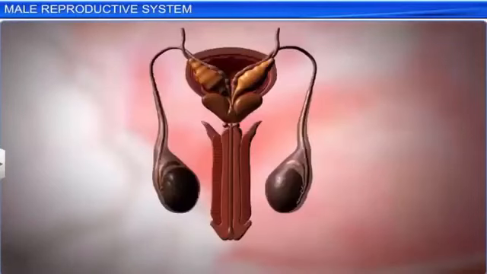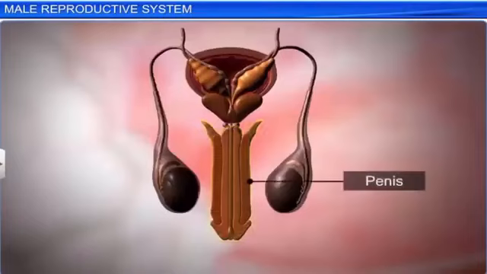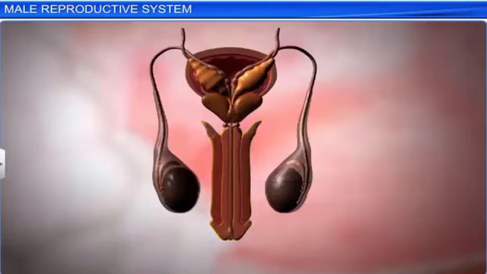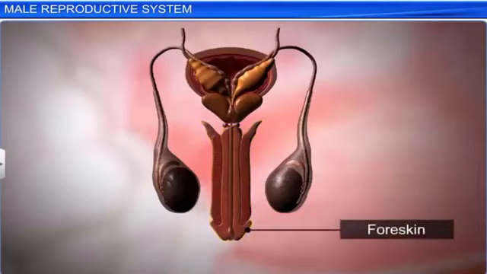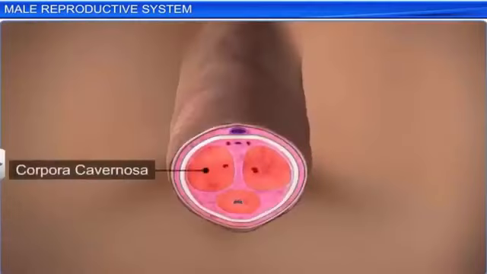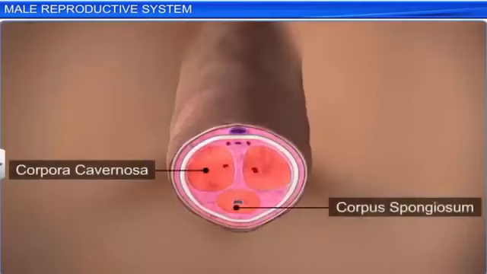The external genitalia in males is called the penis. The penis is a copulatory organ and is covered by a loose sheath of skin. The skin that hangs over the tip of the penis is known as the prepuce or foreskin. It is made up of special tissues like corpora cavernosa and corpus spongiosum.